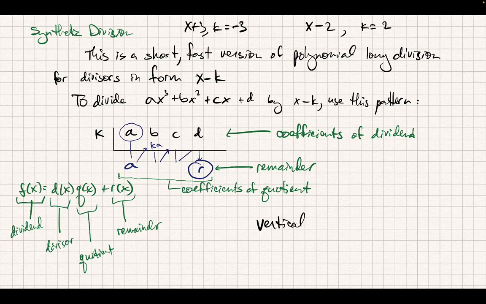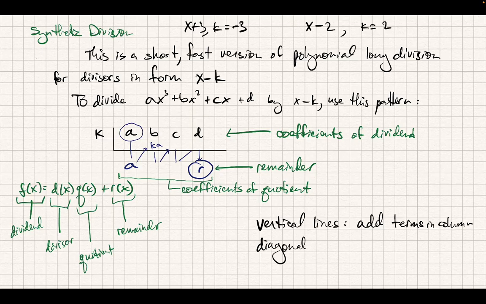The vertical lines add terms in the column, or you could simply write vertical: add. And diagonal: you multiply results by k.